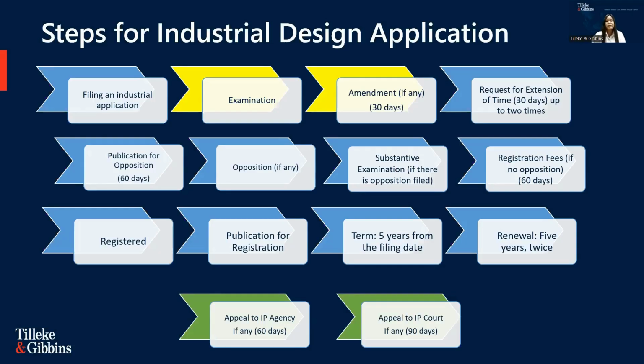If anyone is not satisfied with the decision of the IB agency, they are entitled to submit an appeal to the IB court within 90 days from the date of the decision of the IB agency. This is the overall process of the industrial design from filing up to registration, including an appeal. Then my colleague will continue with the next slides.